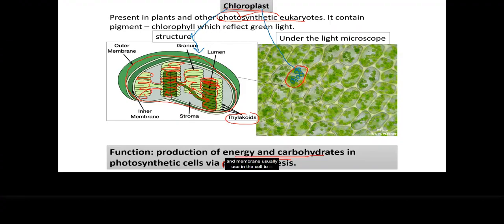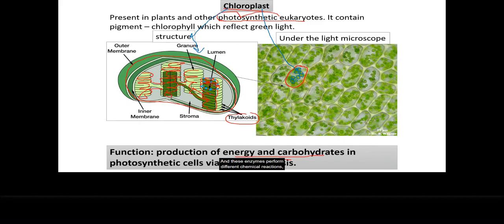And membrane is usually used in the cell for location, for attachment of different enzymes. So all these membranes are for one particular purpose. Inside of these membranes will be embedded special enzymes, proteins.